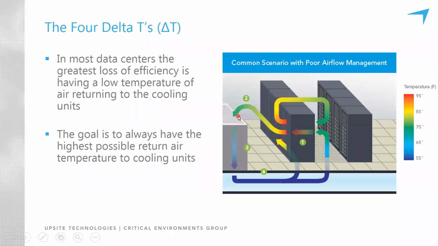And when the air leaves a cooling unit, it comes out quite cool. Quite often, that air is only 60, 65 degrees Fahrenheit. And yet, by the time it gets to the inlets of IT equipment, that air has warmed up quite often to somewhere around 75, 80 degrees Fahrenheit.